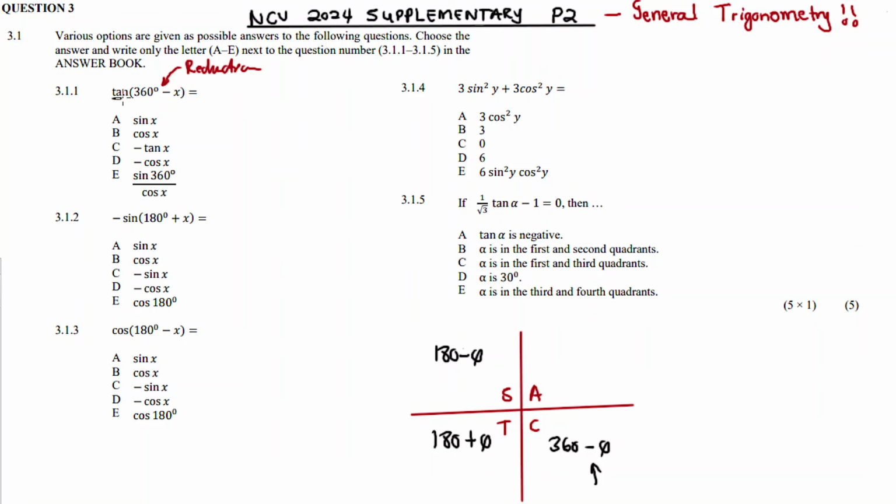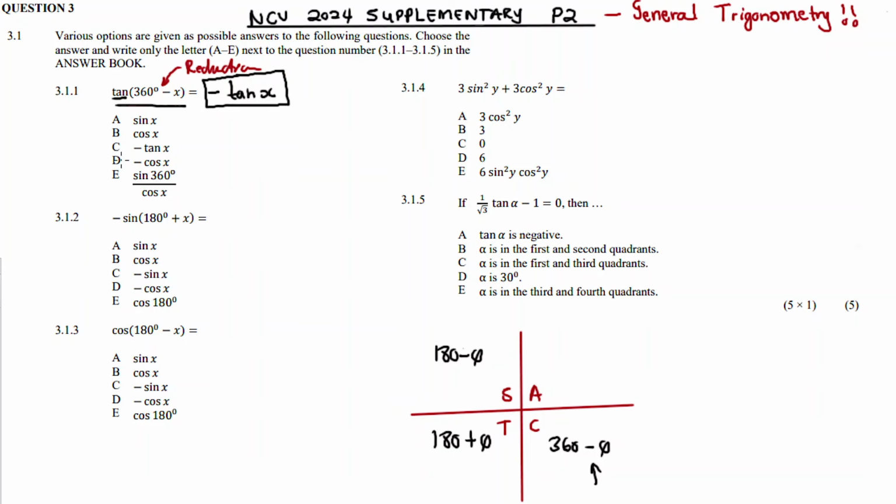And in the fourth quadrant, tan is negative, because only cos is positive there, so everything else is taken as negative. So solving this reduction formula, we get negative tan x. This is the answer to this formula.